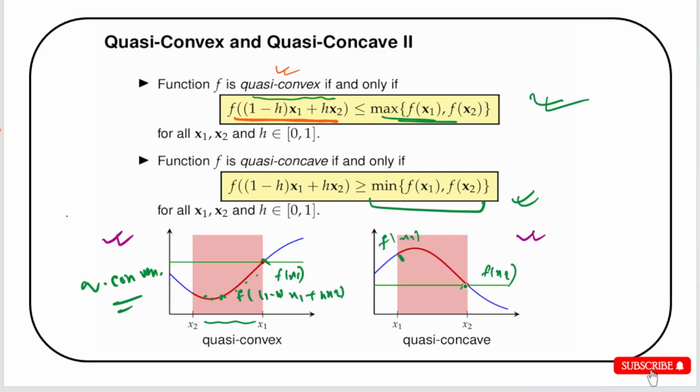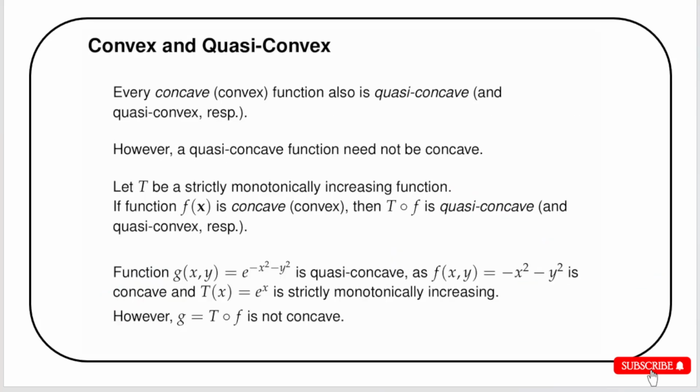This is f(x2), and you see that every value here is greater than it, the function entirely lies above this f(x2), right? If you only consider this segment from x1 to x2, the entire function lies above this f(x2) level. So this is quasi-concave, right? Okay.